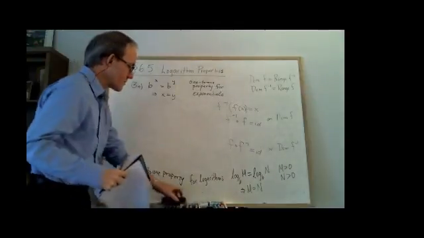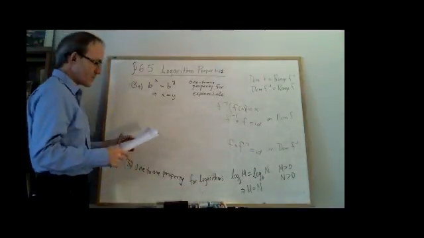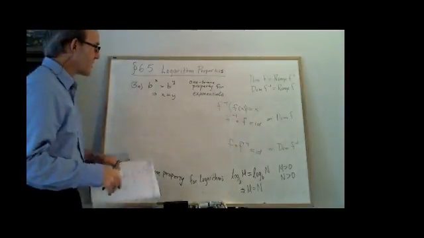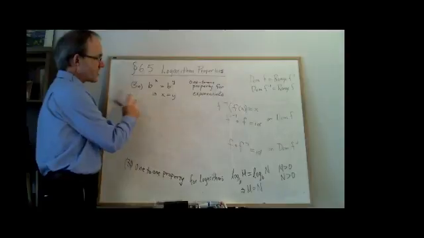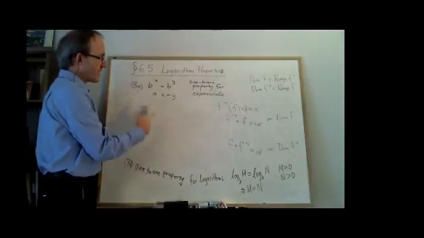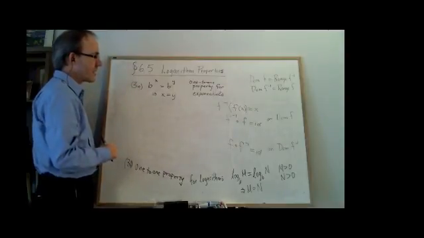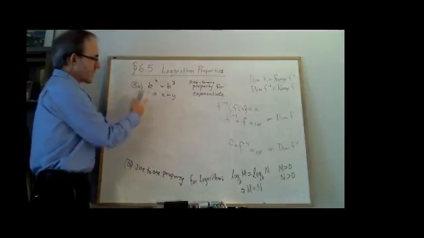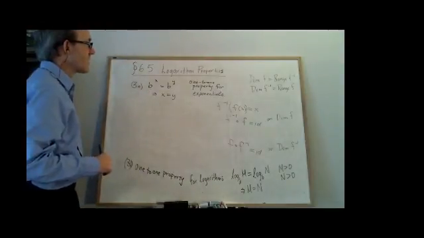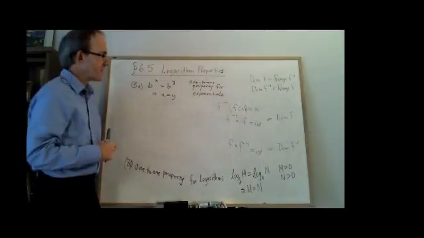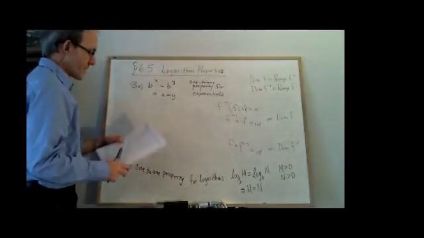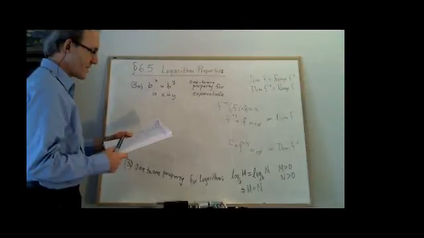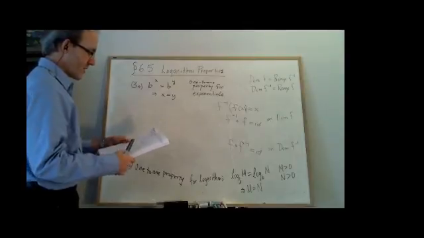Okay. So now this is the principle of this section. One of the principles is that because the exponential and the logarithms are inverses of each other, properties which hold for the exponential functions can be translated into properties for the logarithm functions. So let's see how this works for products.